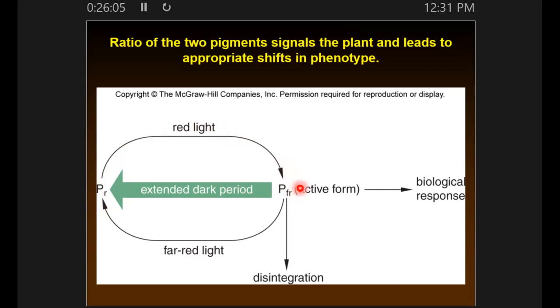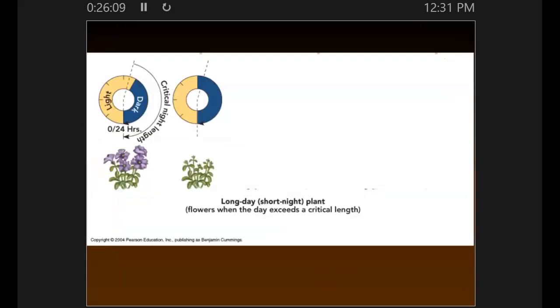So the plant, this long day plant that we see with this experiment, it's always assessing how much Pr, how much Pfr, what's my ratio, and then based on that, it will decide whether or not it's met that critical day length and what to do. So with a long day plant, it has to be longer than that critical day length in order to flower.